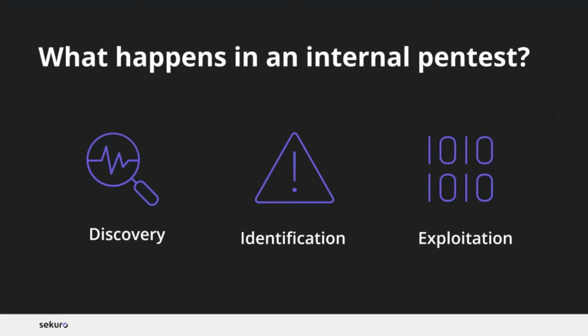And when we're at this point in the internal pen test, we're trying to identify what subset of those resources that were discovered in the previous phase appear to be misconfigured. So based on the things that we've seen, what appears to be misconfigured and potentially exploitable. And so then the next logical phase from that is to start actively trying to abuse those configurations or to exploit them in a controlled way.